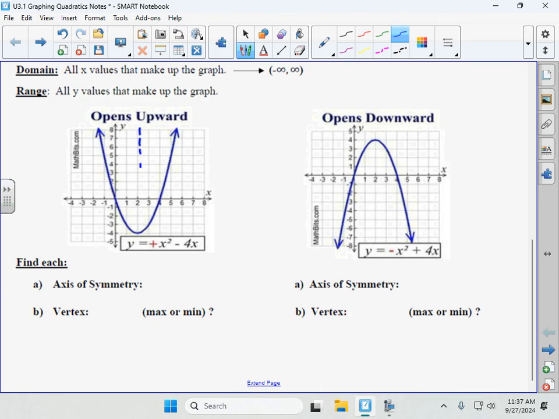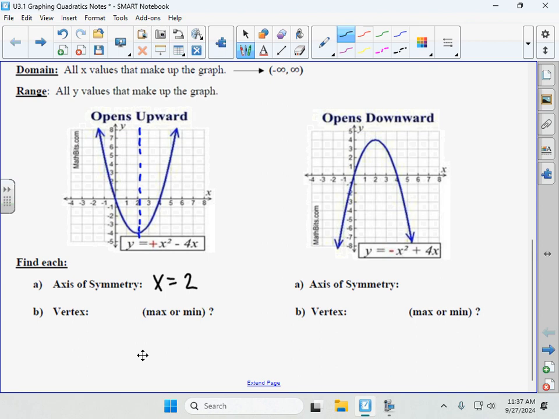This is where it's located. Since this is a vertical line, we're going to say it's x equals, and then where it's crossing the x-axis would be 2. Right, so axis of symmetry, it's always x equals, and then where it's crossing the x-axis.